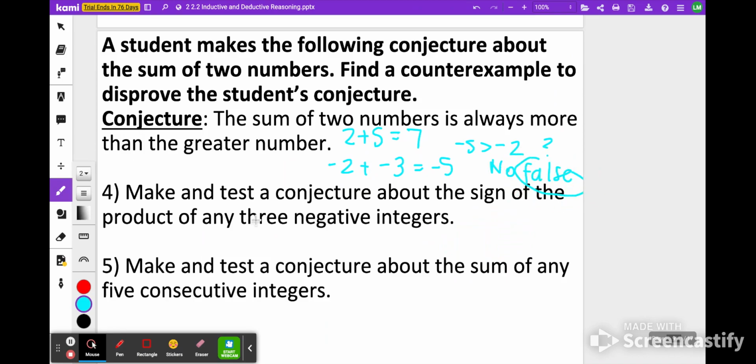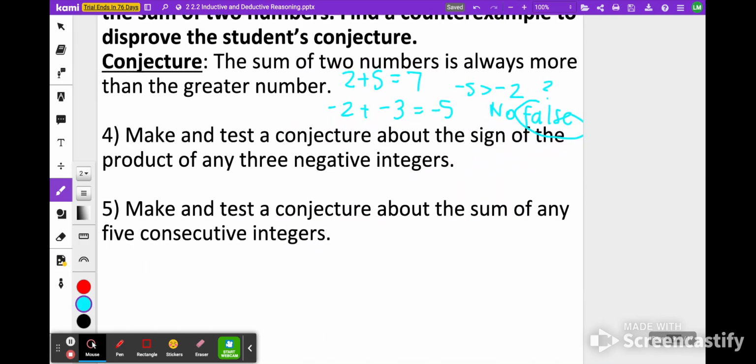Okay. Number 4, make and test a conjecture about the sign of the product of any three negative numbers. So any three negative numbers, let's say, to make it easy, -1 times -2 times -3. That is going to give me -6. Okay. There I've created a negative.